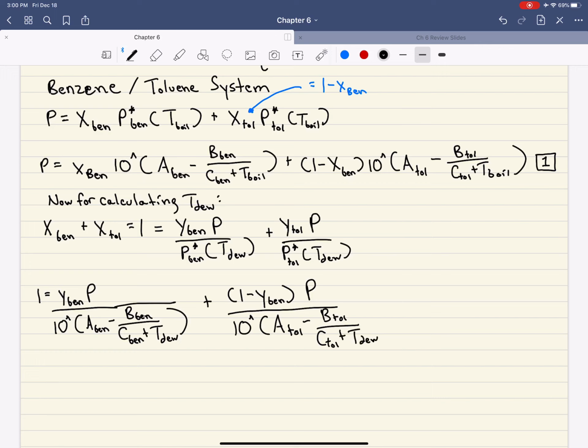Okay. All right, and so I'll call this equation 2.